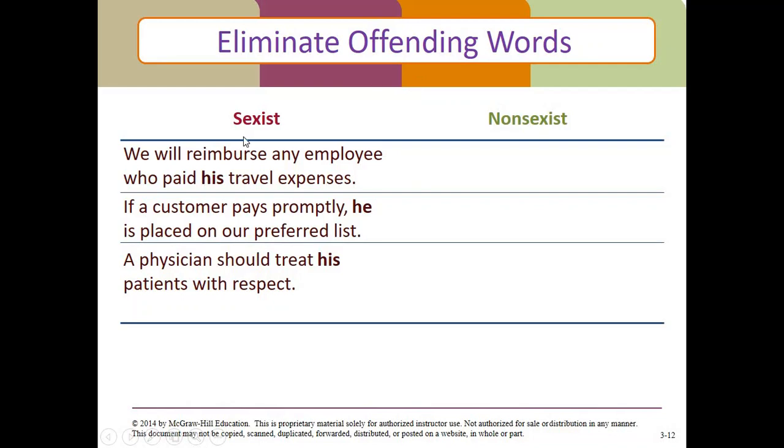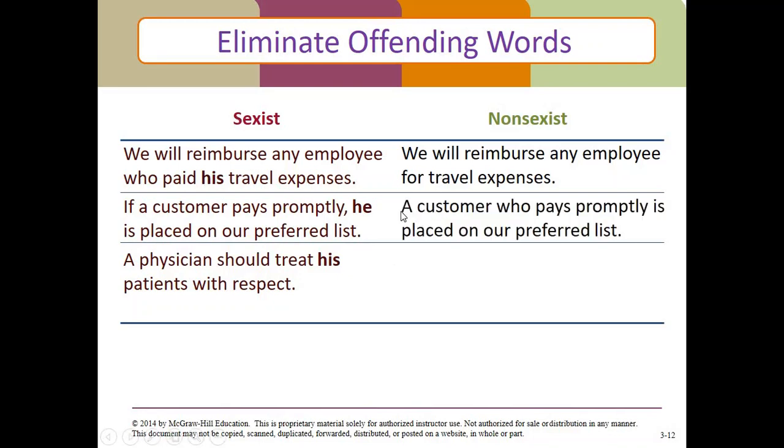So if you look at the left side, which contains sexist words, say for example, if a customer pays promptly, he is placed in our preferred list. Here he indicates male. The first example, he is, and in the third example, he is, all indicate male. So you should not indicate any gender when you write anything, for the communication purpose.